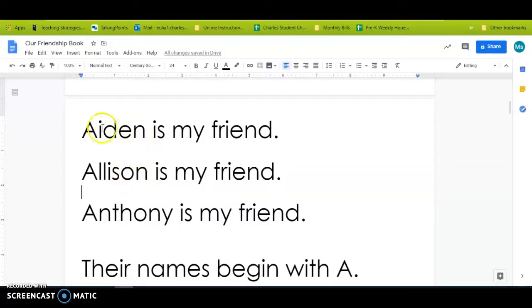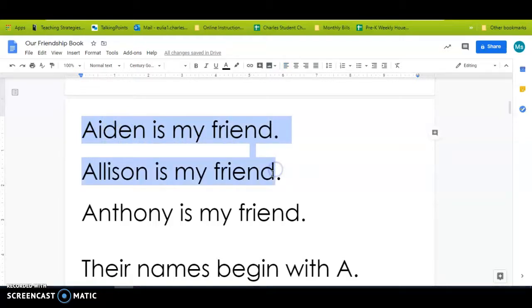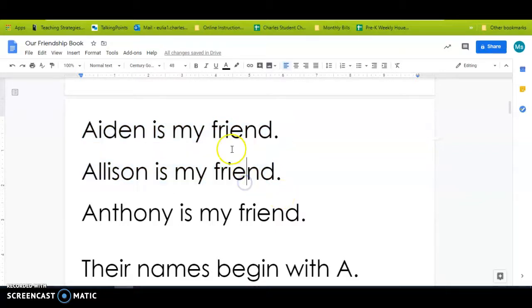And friends, as I look at these 2 sentences right here, do you see 2 words that are the same? I see a lot of words that are the same. I see friend and friend. Those are the same. They're both spelled F-R-I-E-N-D, F-R-I-E-N-D.